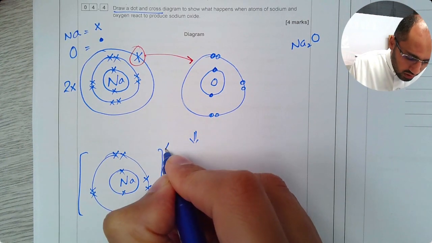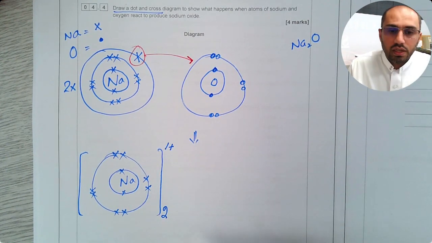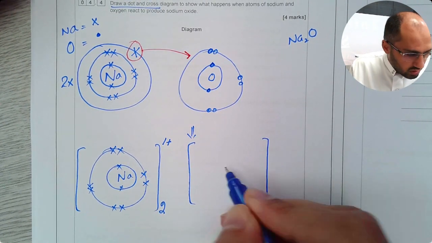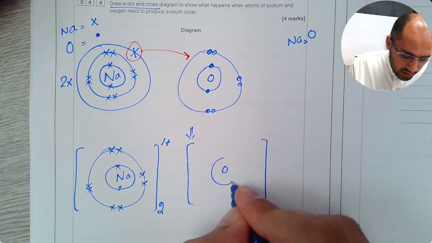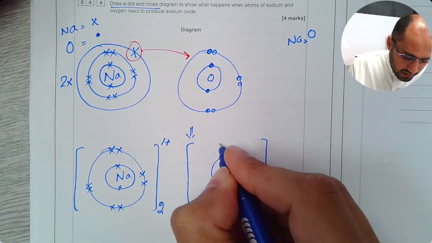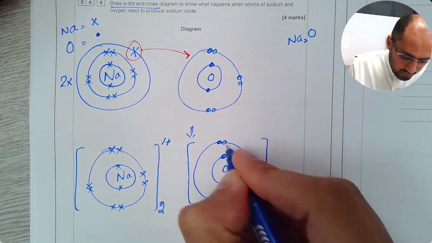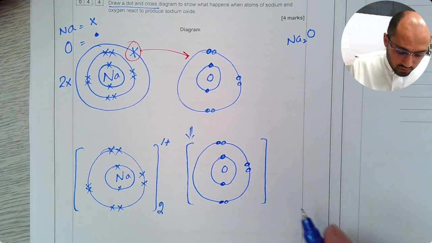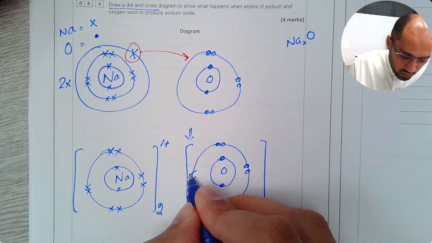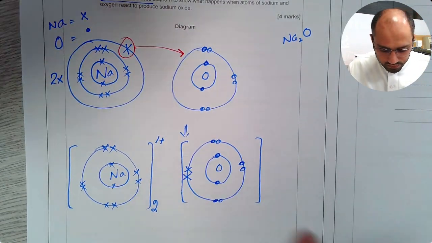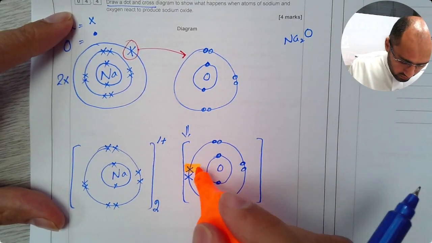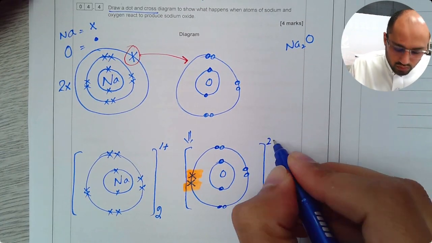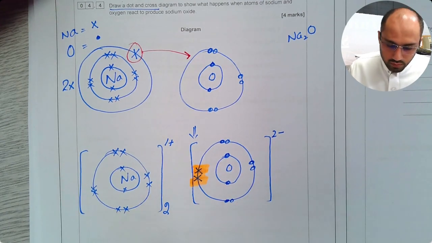There will be a charge of 1 plus, and I'll put 2 here because there are 2 of them. Oxygen will now have 8 electrons in its outer shell. Out of these, 2 have come from sodium, so they must be shown with a cross. As a result, it has gained a charge of 2 minus, and an ionic bond will be formed between them.